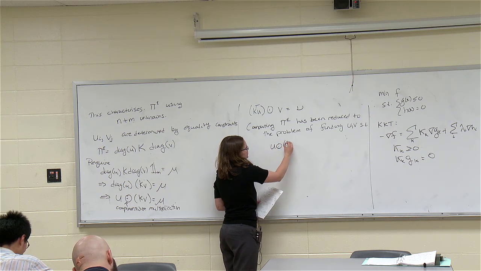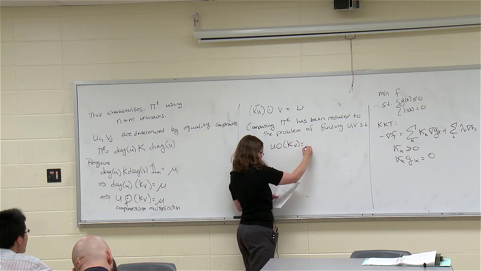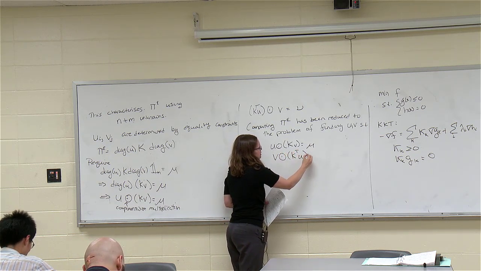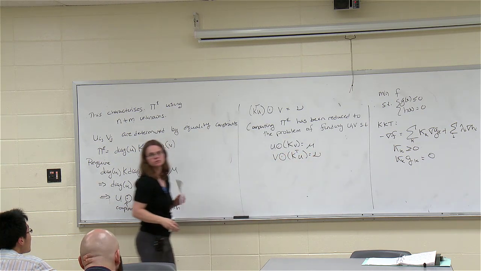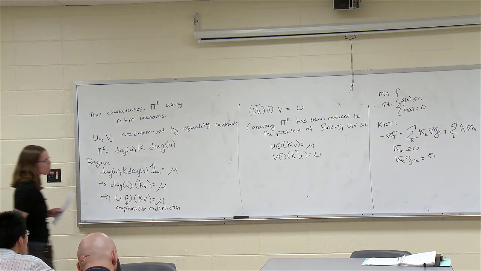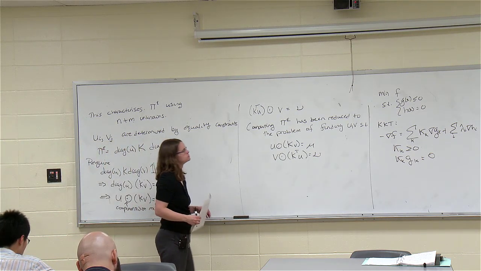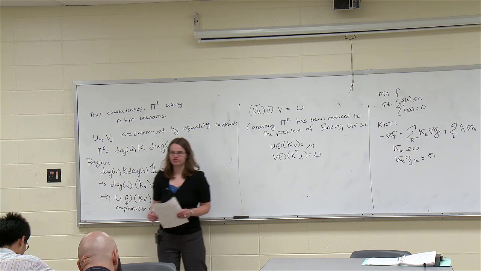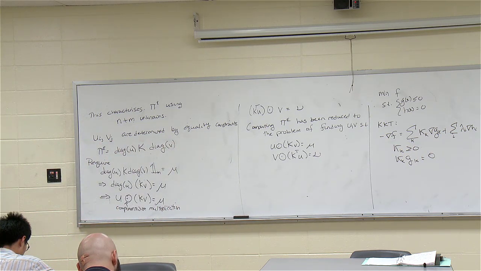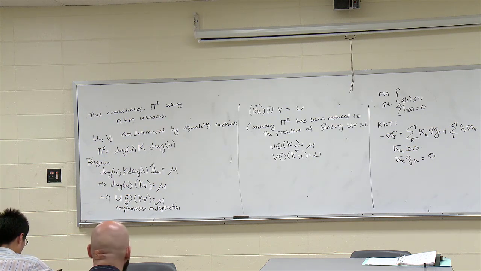So u dot multiply kv is equal to mu, and v dot multiply k transpose u is equal to nu. So we need an algorithm for doing this. So if I just gave you those and said solve them, what's the first thing that you would try?